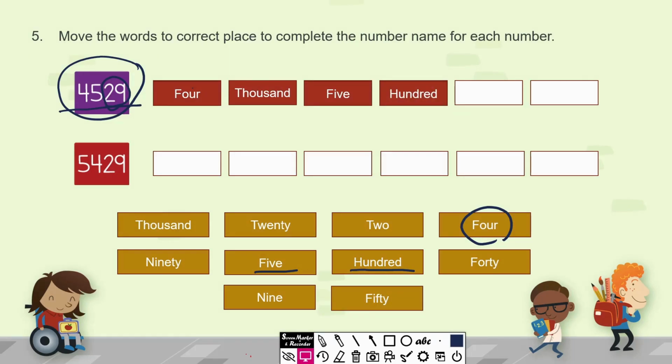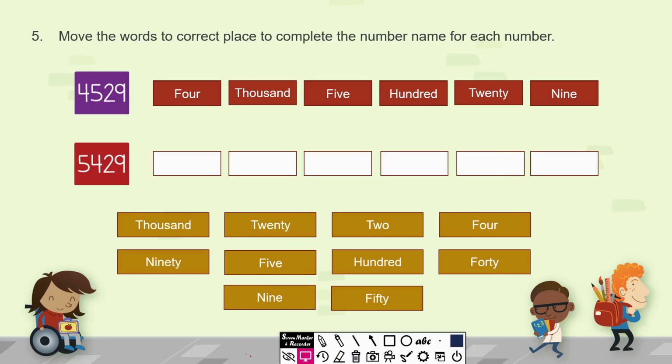And what is this? 29. So let's find 29. This is 20. Let's put it after 100. 20, and where is 9? Let's check. Yes, it is 9. Let's place it at its correct place.